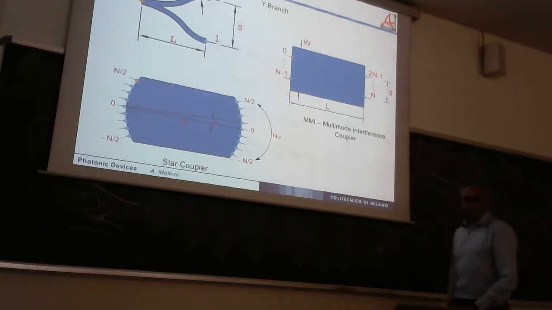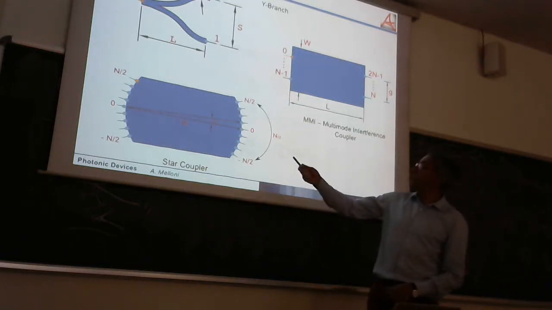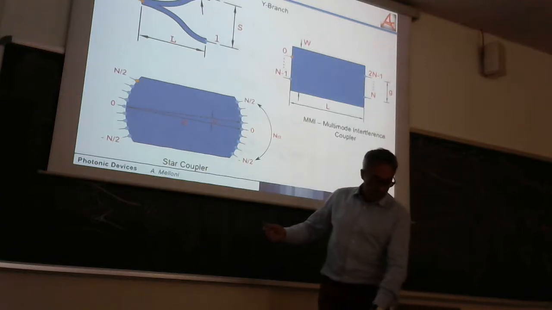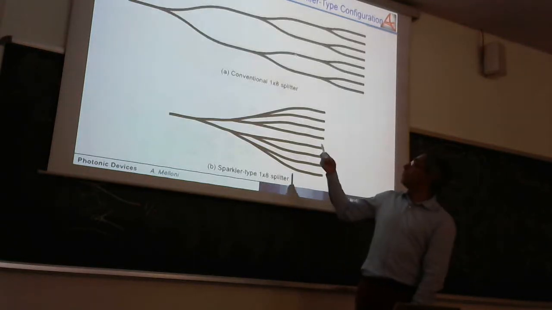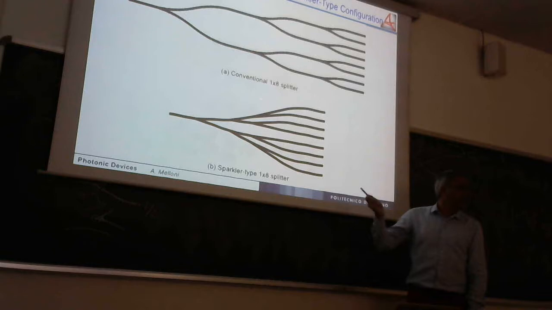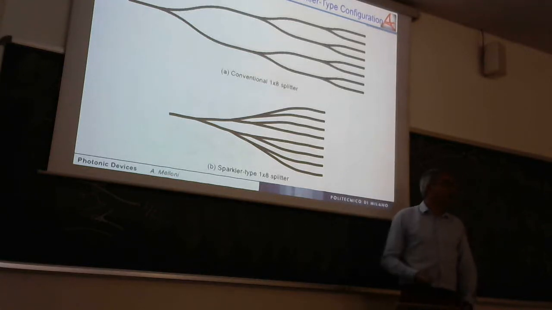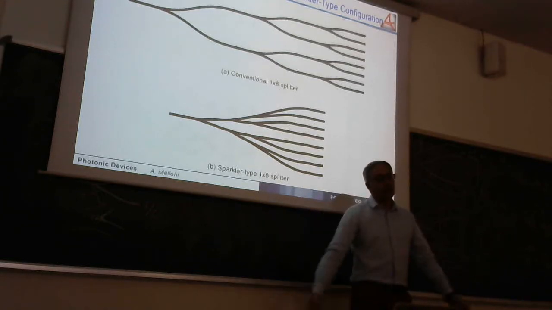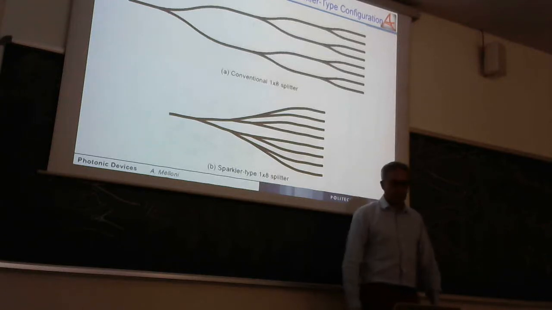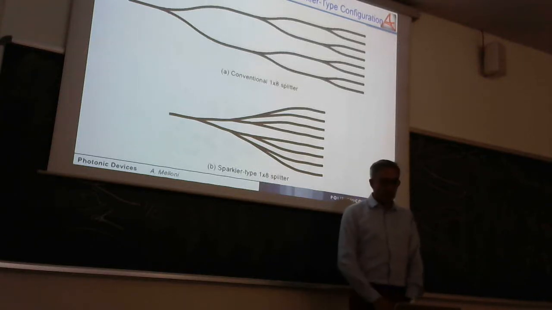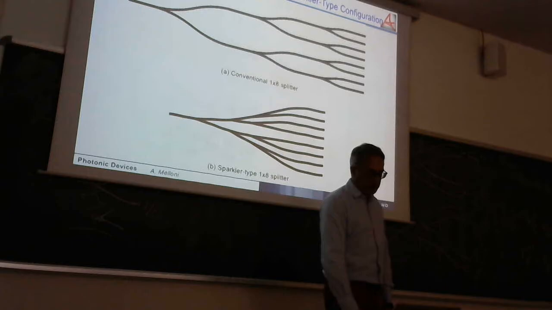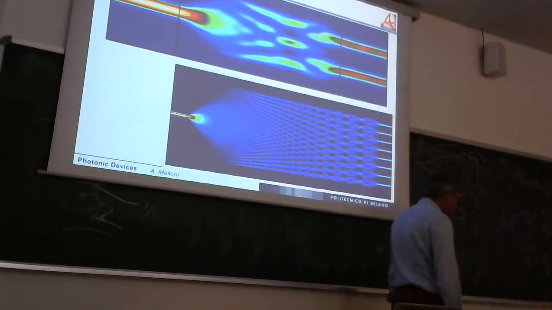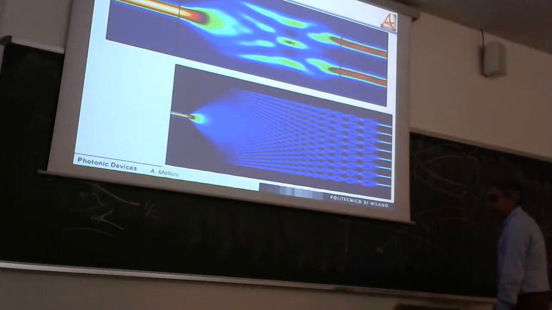In case you want just two, there is a directional coupler. If you want many, you can combine and do three like this. Assume you want to divide in 32, 64, or even more. You cannot continue to combine, it really becomes huge. So it's better to move toward other devices, and one is the so-called MMI.